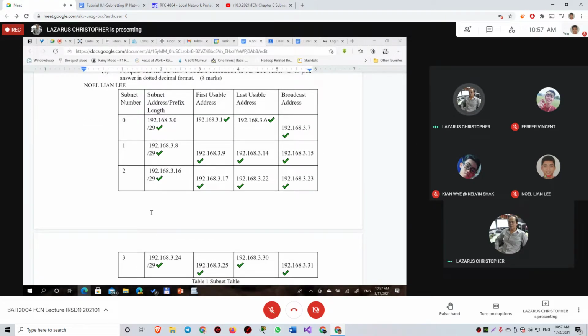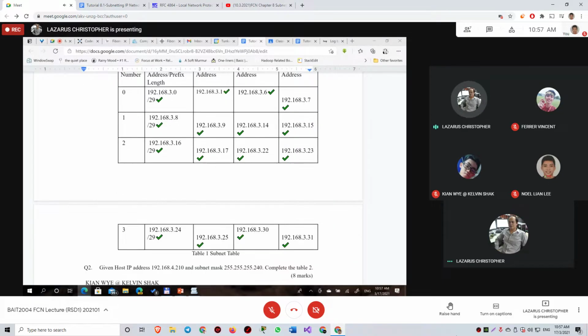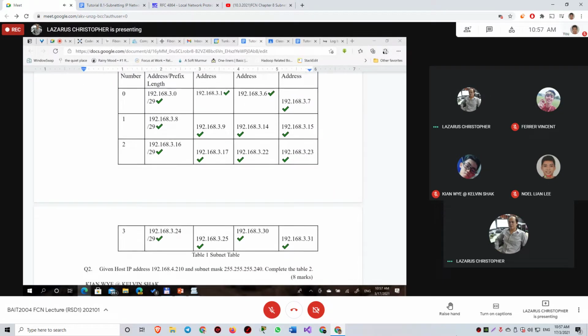So what's the next after 24? 24 plus 8, 32. Yeah, 32 here, but we're not required to list it. We only list 4 because the question asks for 4 initial subnets. Why do I want that?